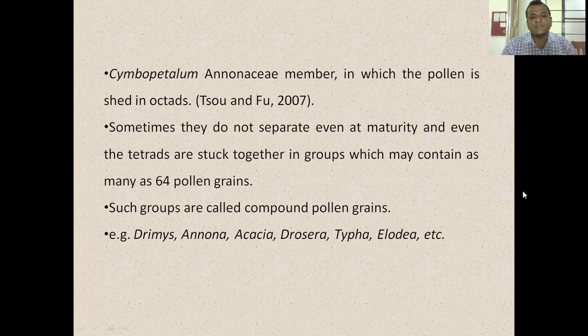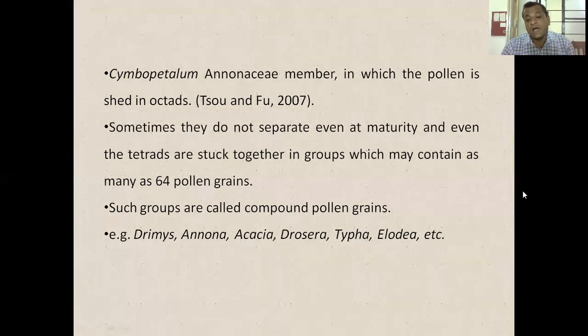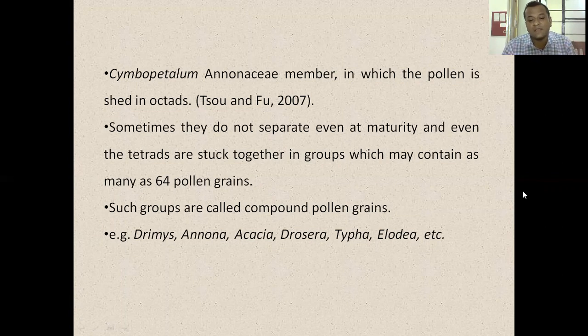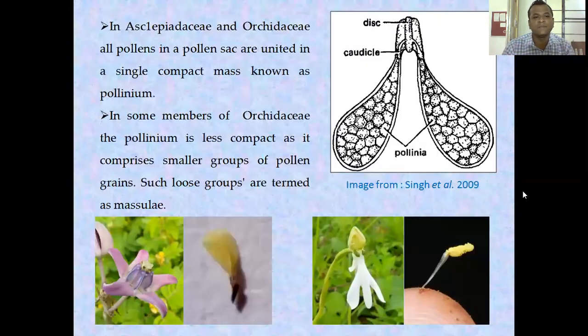Even sometimes they do not separate even at maturity, and the tetrads are stuck together in groups which may contain as many as 64 pollen grains. Such groups are called compound pollen grains. They are mostly found in Mimosa, Annona, Acacia, Drosera, Typha, Elodea, etc. There are several examples.